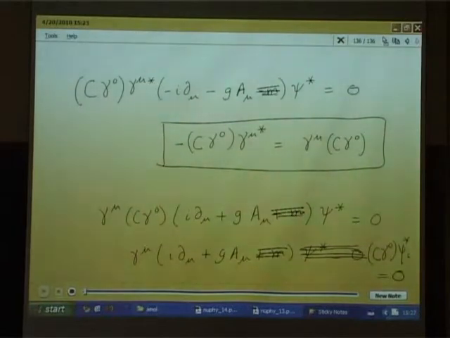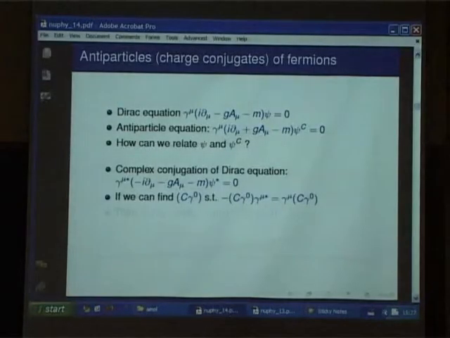This gives me an equation which is gamma mu times i del mu plus g A mu times something is equal to 0. But this equation is exactly the same as gamma mu times i del mu plus g A mu on psi C is equal to 0, which is what we wanted. We wanted these equations.